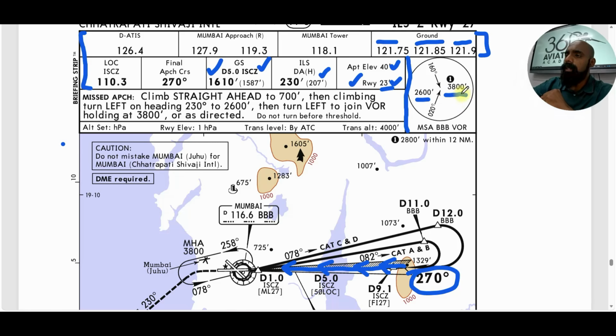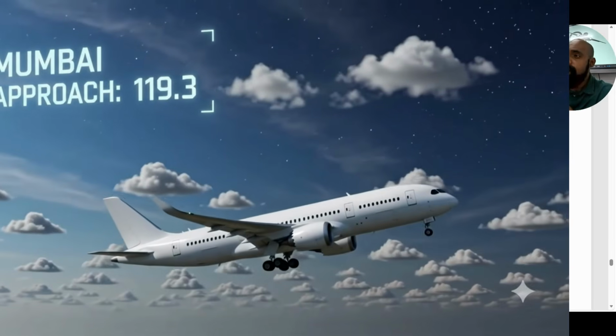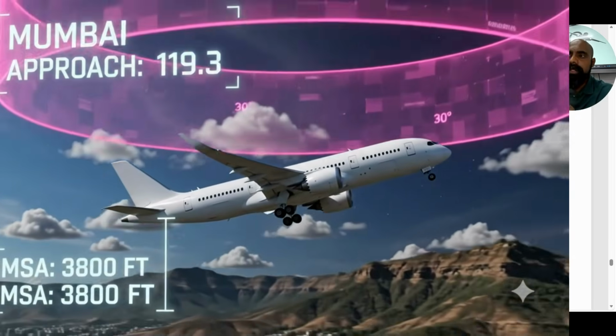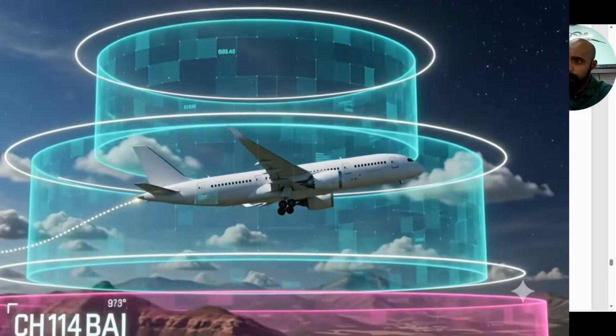Let me just clear up the page here so it's easier for you to understand. If you look at the MSA here, if you are approaching the airfield from the east, then if you maintain 3,800 feet, you will be clear of obstacles and terrain.